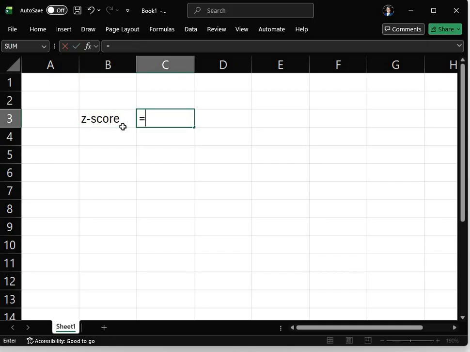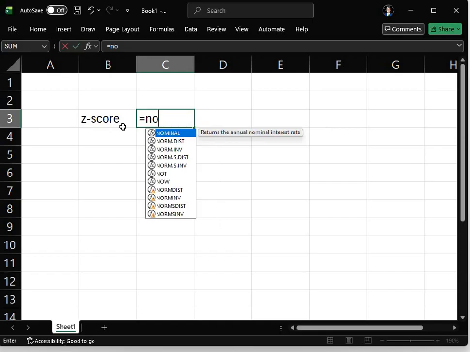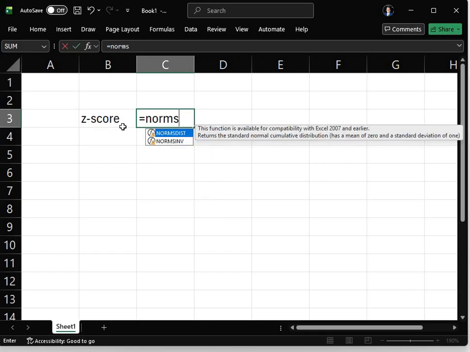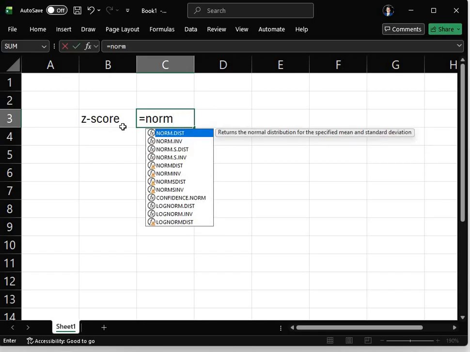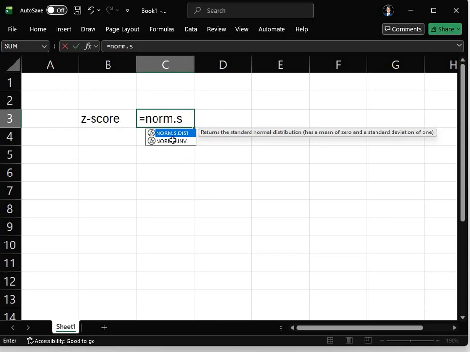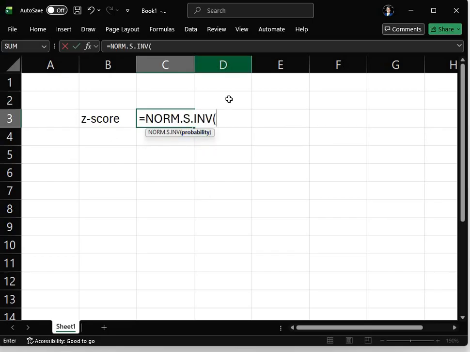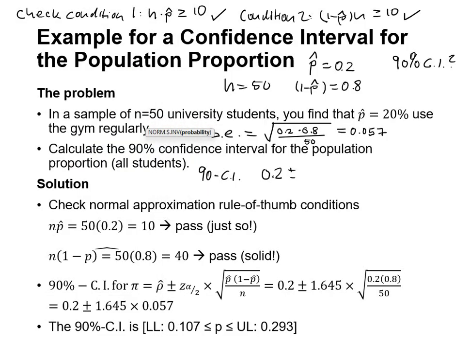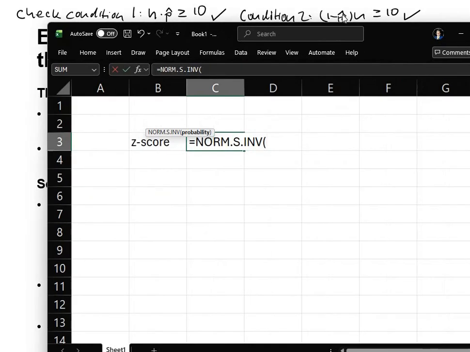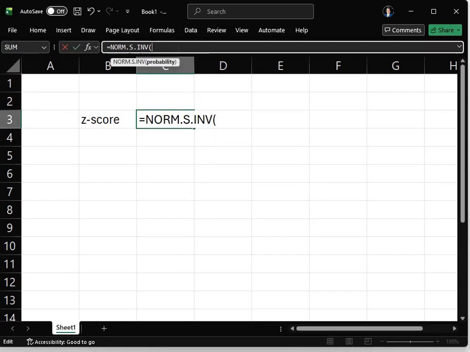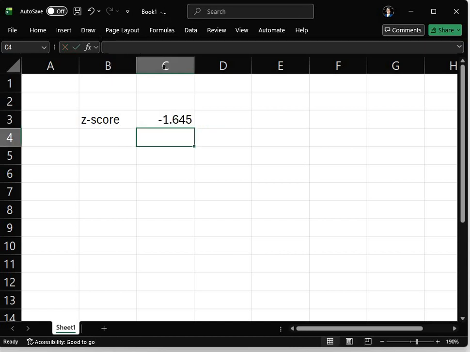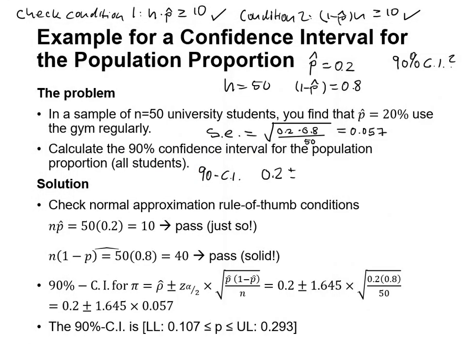And that is equal to, the formula is NORM.S.INV, and it is for the 90% confidence interval. That means we need to have 5% in each pocket, so 0.05. So it is negative 1.645, but don't worry about the negative because it's plus minus 1.645.